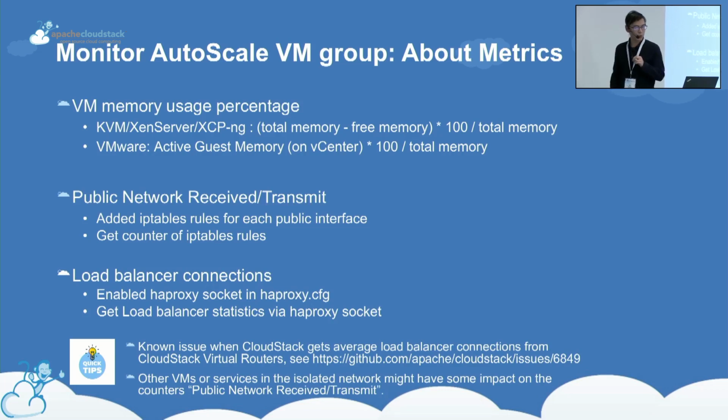So that's the issue with HAProxy. And about the public network bandwidth, other VMs or services in the same network might have some impact on the counters, because we get the metrics at network level, not at IP or port level.